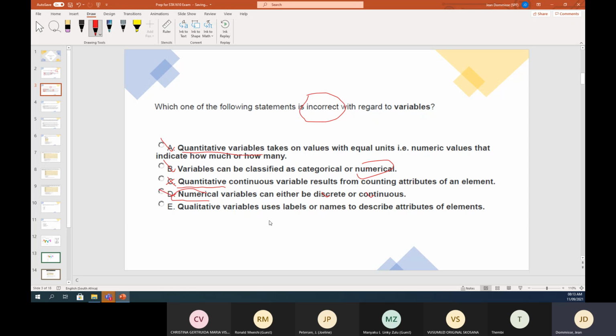And qualitative variables use labels or names to describe attributes. Remember, qualitative is something like male, female, anything like that. It is describing the attributes via names. So that is also correct.